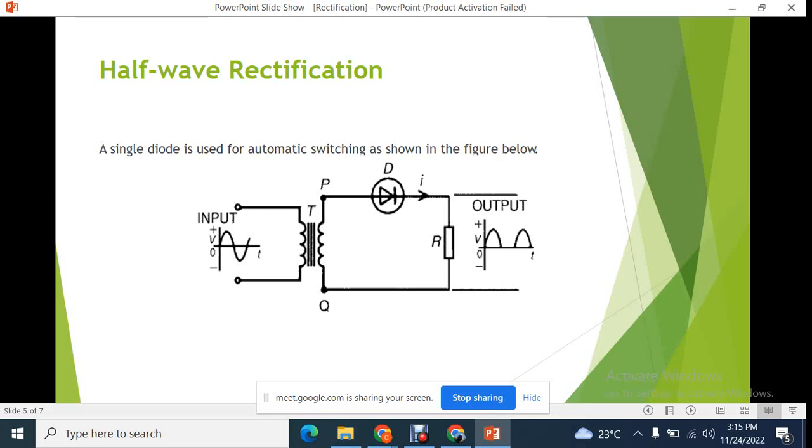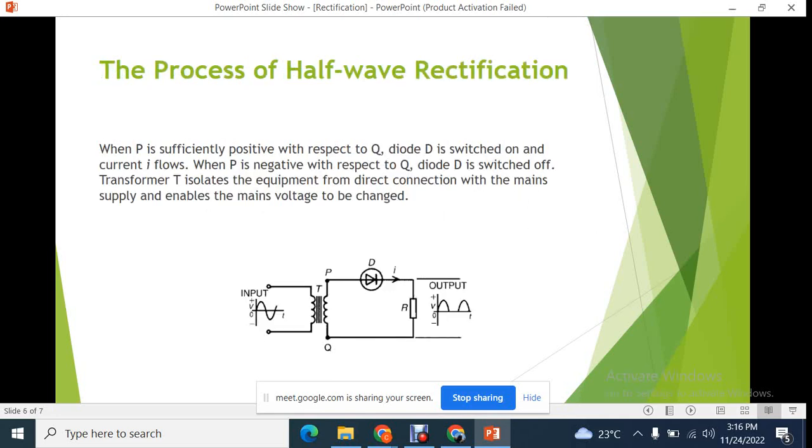Now, our girl has just asked, why is it the return of the waveform that is missing? And from what we said earlier, the waveform that we are able to see is the one during the positive half cycle, when current is flowing in the direction such that the diode is forward biased.